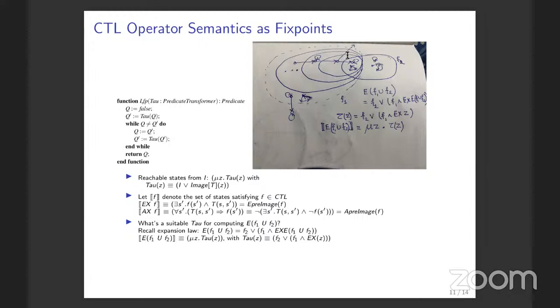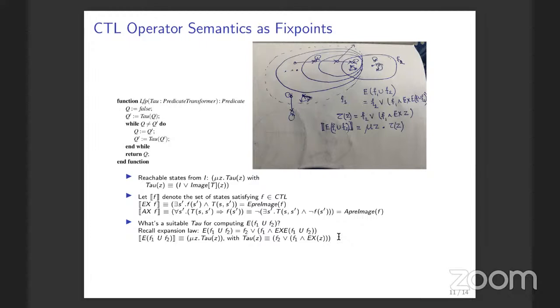Tau 3 is the union of the second concentric circle, first concentric circle, and the third, and so on. So eventually, when tau i plus 1 of false becomes equal to tau i of false, that's how you should be asking the question, not when Z is equal to true.